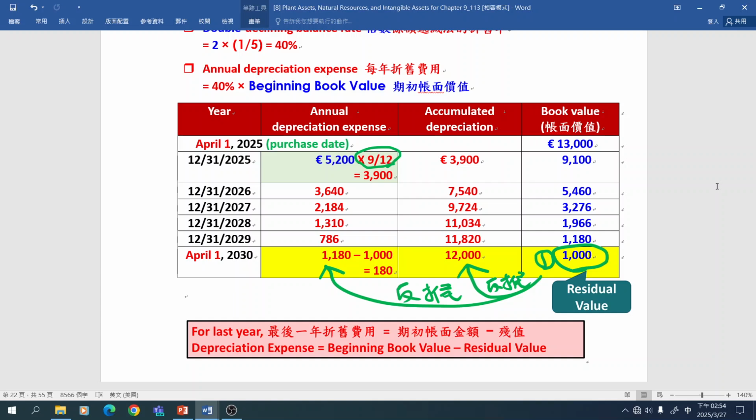Because for this formula, we didn't use residual value. For the last two methods, we use residual value: cost minus residual value, right? So that's why we can get residual value on the last day. Okay, finish it. Then, any questions for page 29?